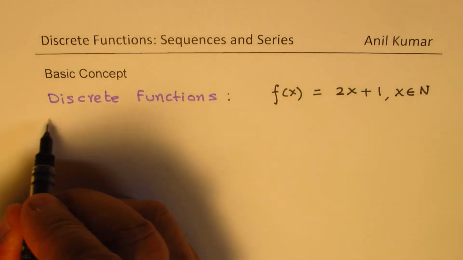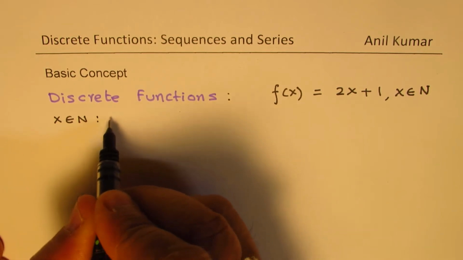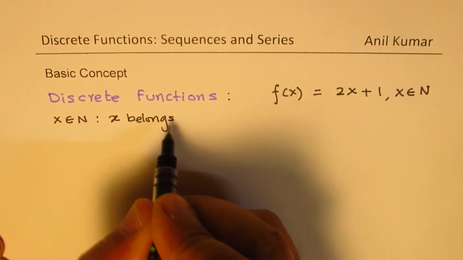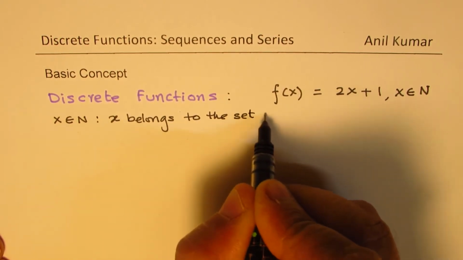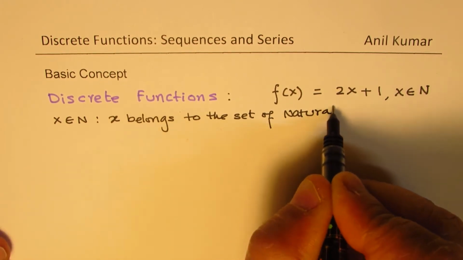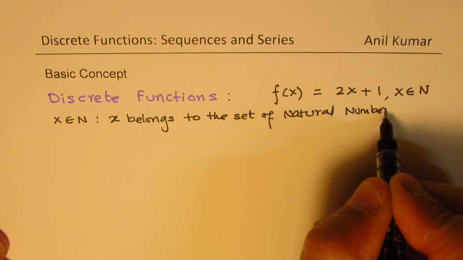So when I say x belongs to the set of natural numbers, natural numbers do not include 0, right?